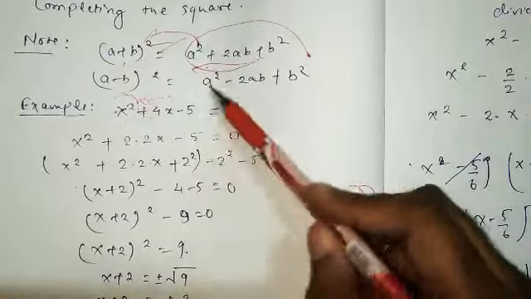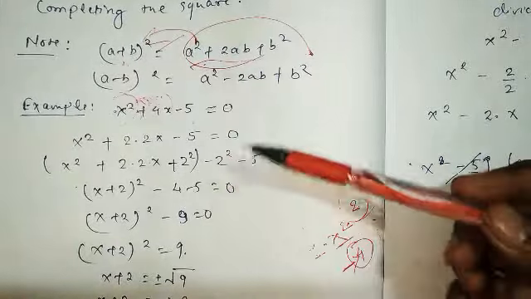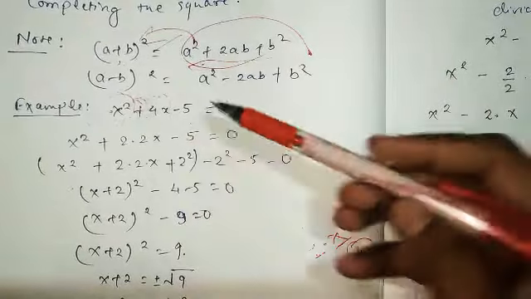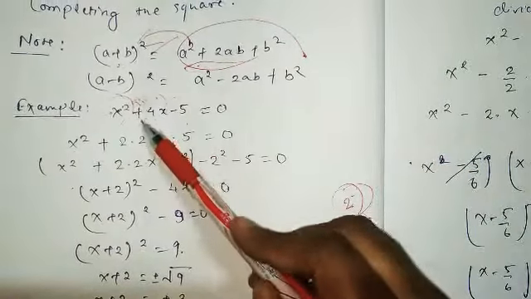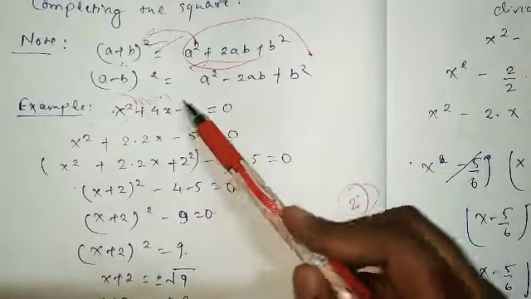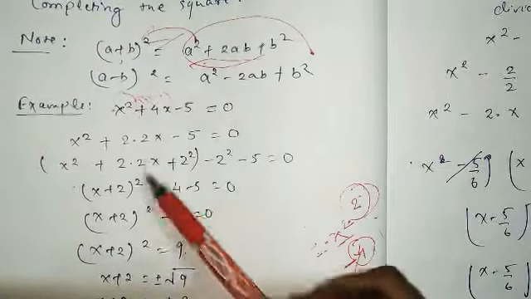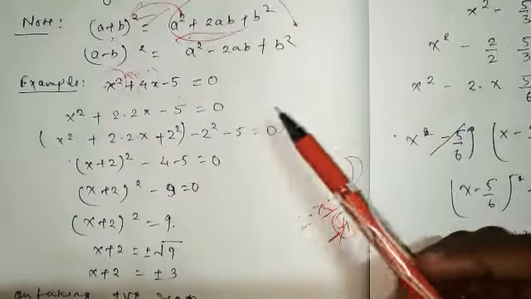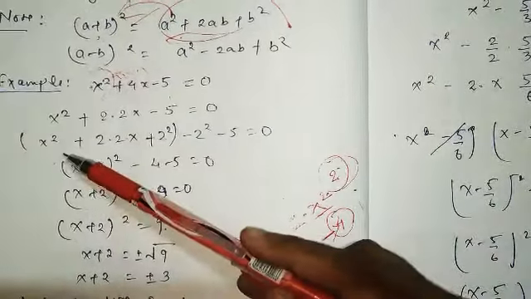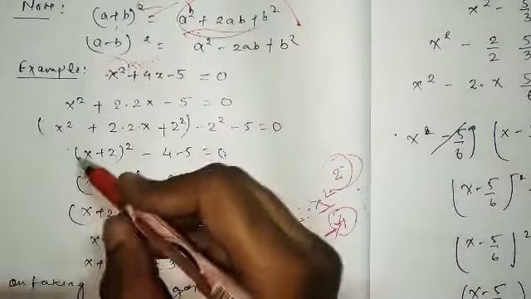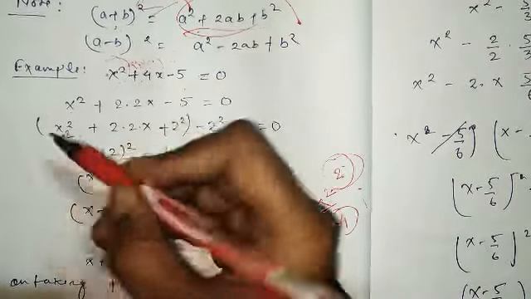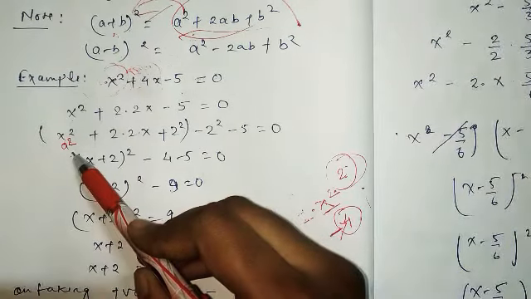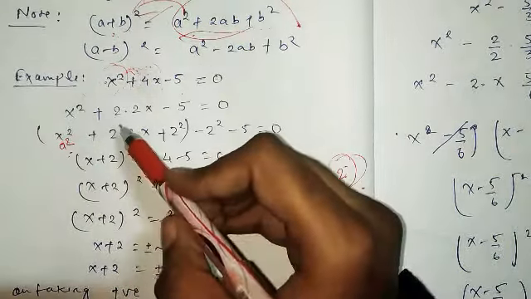This number is not too much worth. So this is 4x and minus 5, and this is 2 into 2. Now see, this is x square, so this is our a square as per our formula of whole square. Now listen carefully.